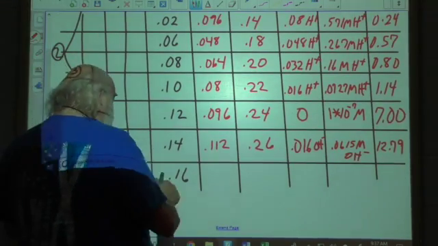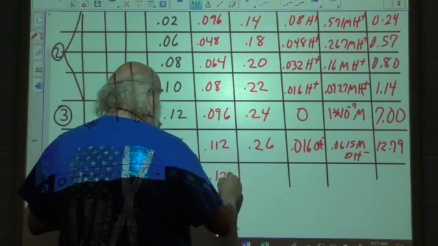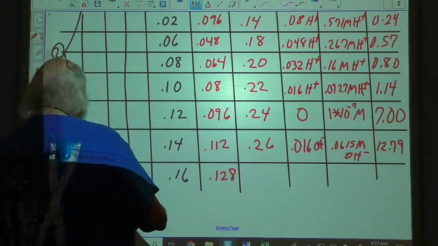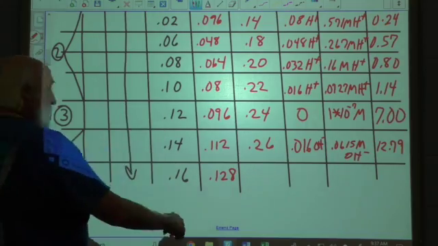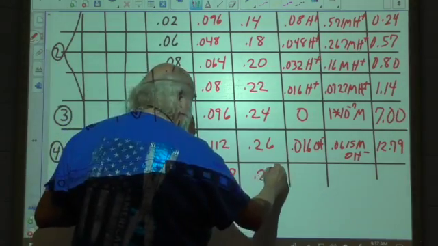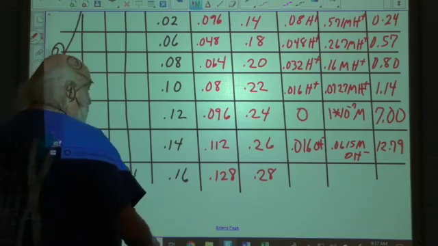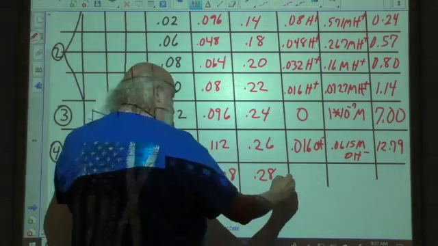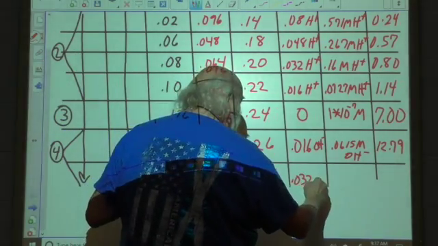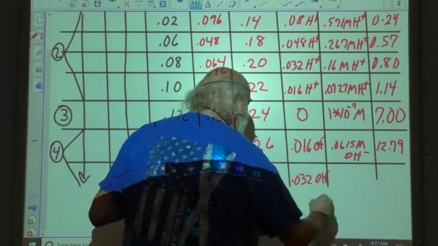We've got 0.128 here. The total volume is 0.12 and 0.16, which is 0.28. And the moles of excess, then we subtract 0.096 and get 0.032 moles of hydroxide.